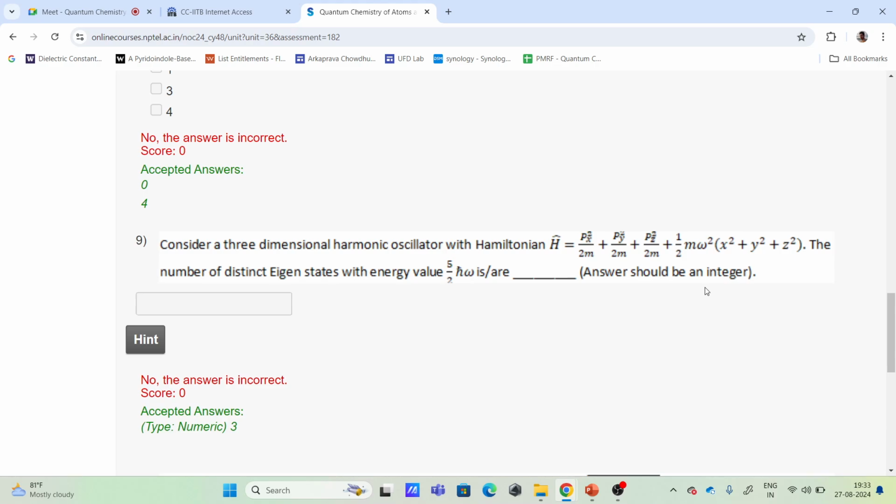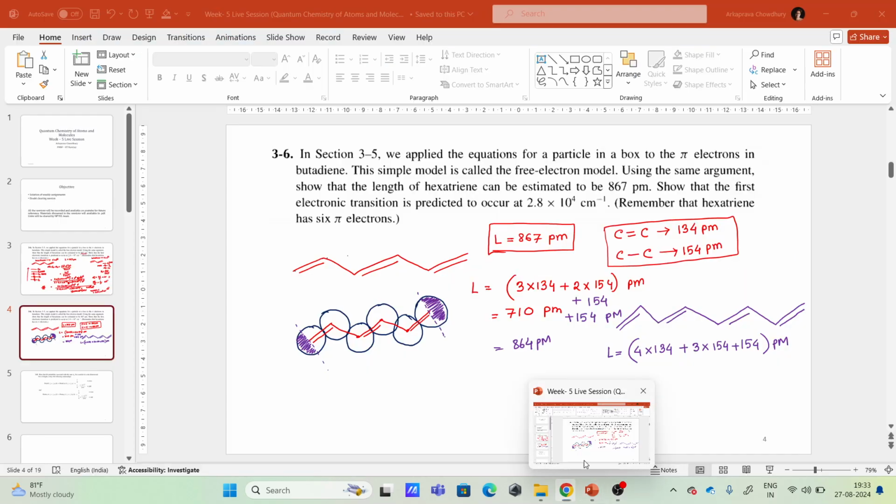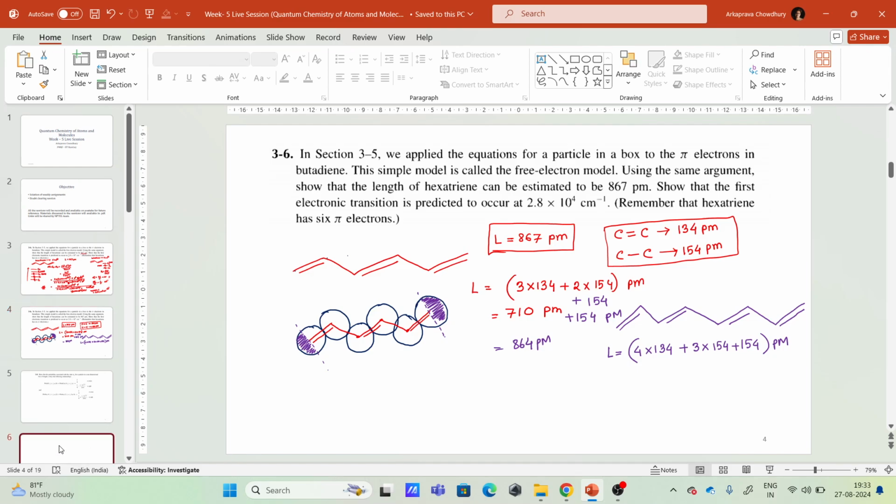The number of distinct eigenstates with the energy value 5 by 2 h cut omega is going to be what? The accepted answer is given as 3. So to proceed with this, let me go to the PowerPoint, where we can discuss this better.